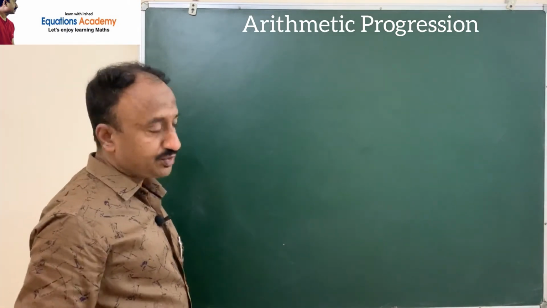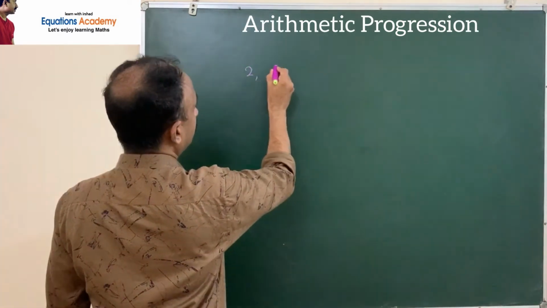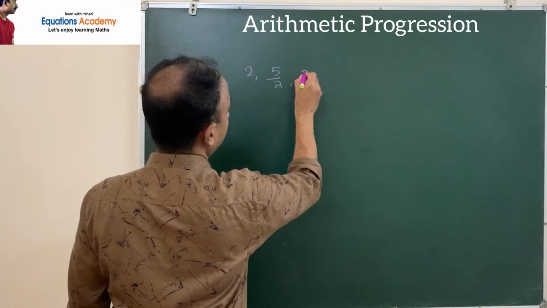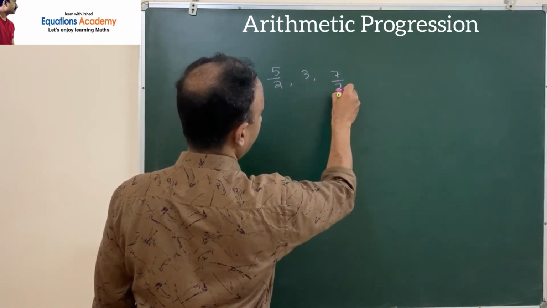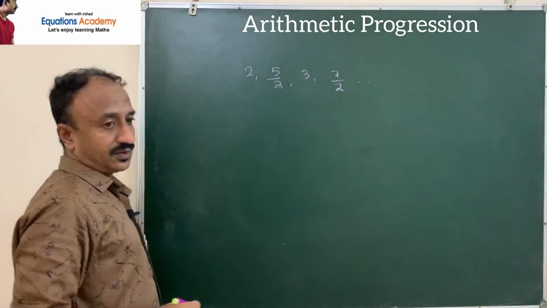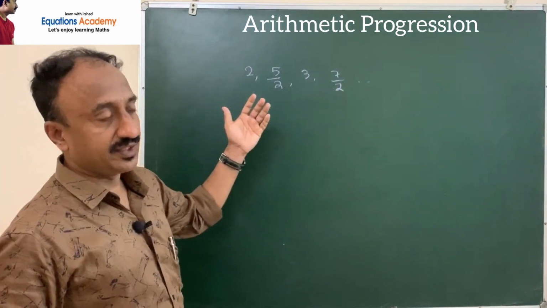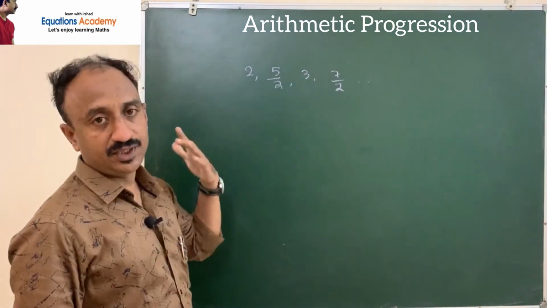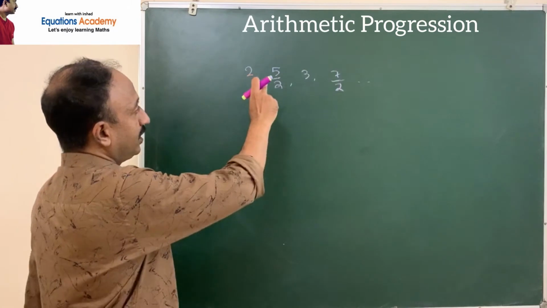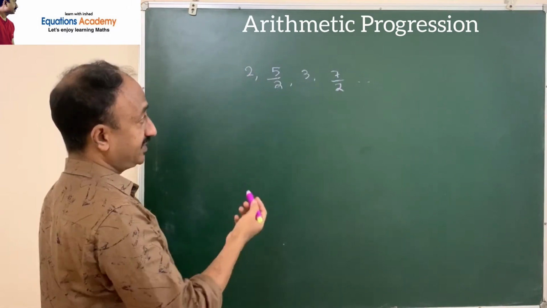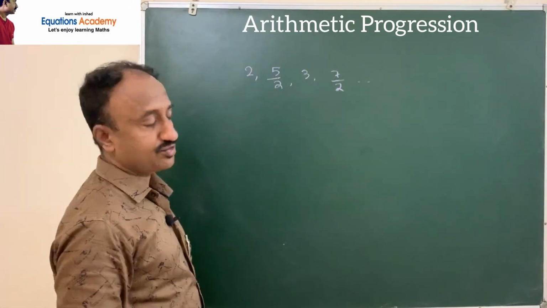So, question 2: 2, 5 by 2, 3, 7 by 2. We need to check whether this forms an AP or not. For that, we will check whether this has a common difference or not.